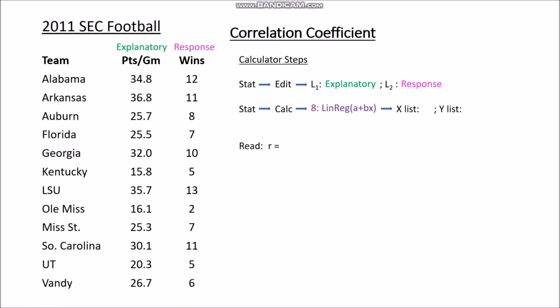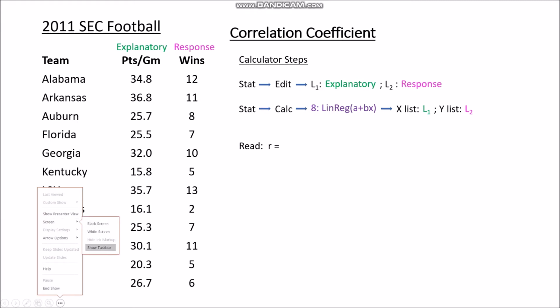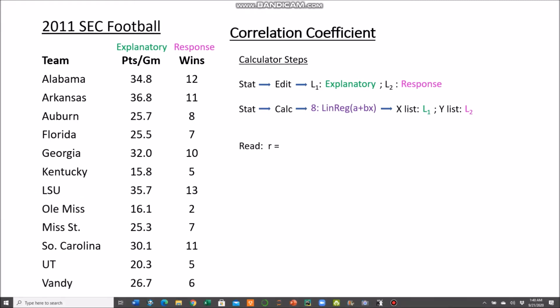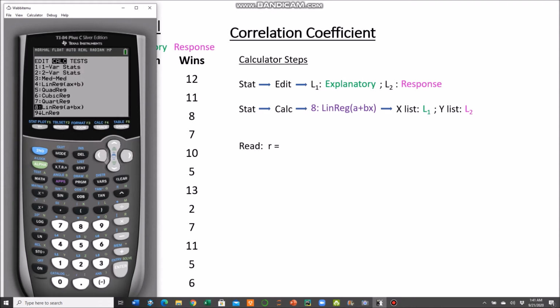In the X list, we tell it the X's were L1 and the Y list was L2, because our explanatory variable was points per game and our response variable was the number of wins. Just do a quick check: did I put my X's in L1? Yes. My Y's in L2? Yes.